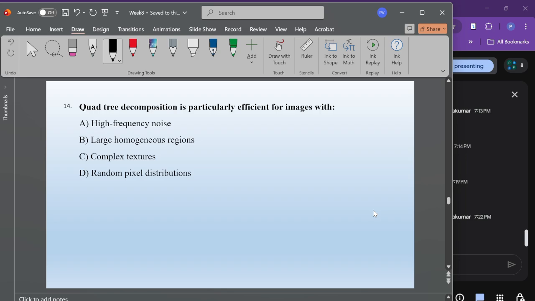Now the next question is: quad tree decomposition is particularly efficient for images with option A, high frequency noise, option B, large homogeneous regions, option C, complex texture, or option D, random pixel distribution. We have solved one question already.